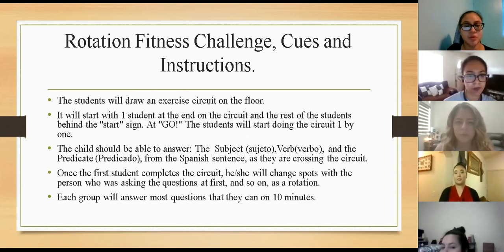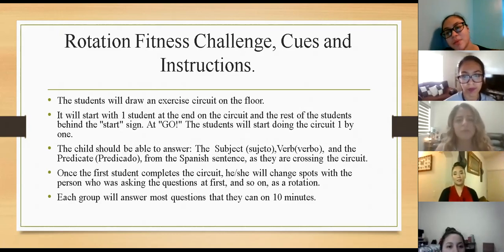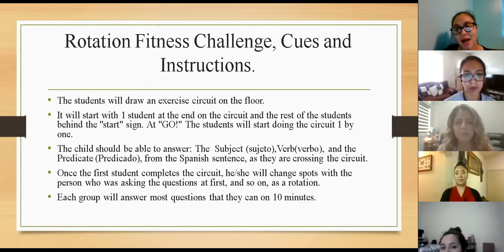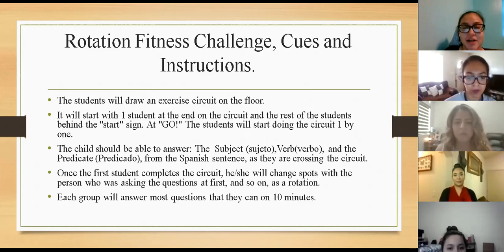The child should be able to answer the subject, sujeto, verb, verbo, and the predicate, predicado, from the Spanish sentence as they are crossing the circuit. Once the first student completes the circuit, he or she will change spots with the person who was asking the question at first, and so on, as a rotation. Each group will answer as many questions as they can in 10 minutes.